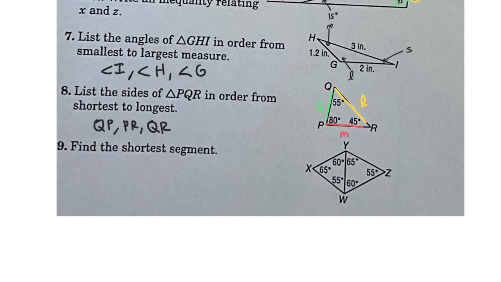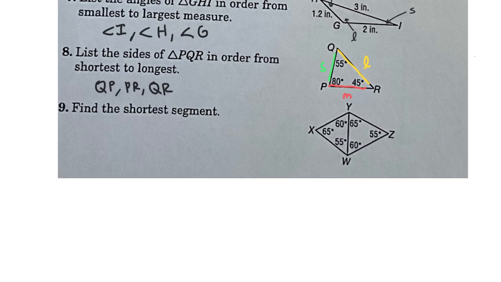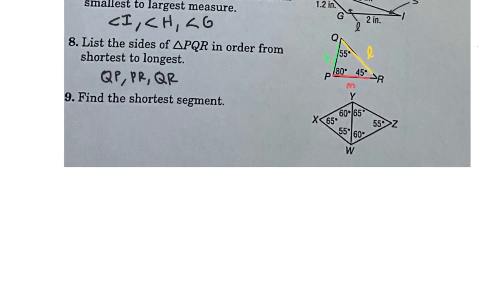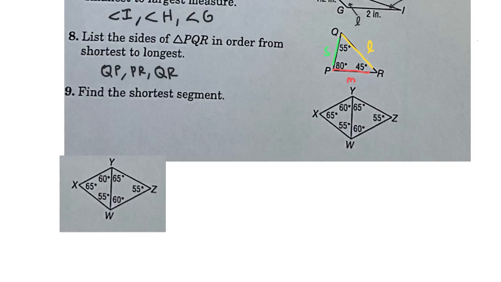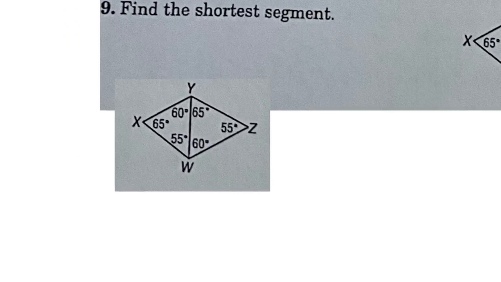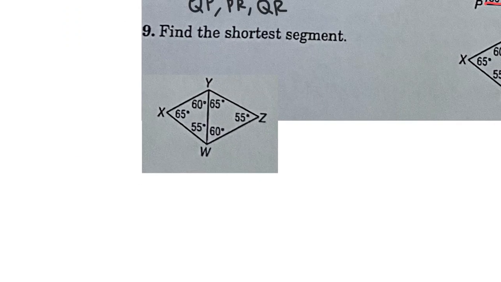All right, find the shortest segment. This is, in my opinion, the second most difficult one of the whole worksheet, unless there's some theorem that I'm forgetting. Either way, my reasoning that follows should sort of explain it. Shortest segment.